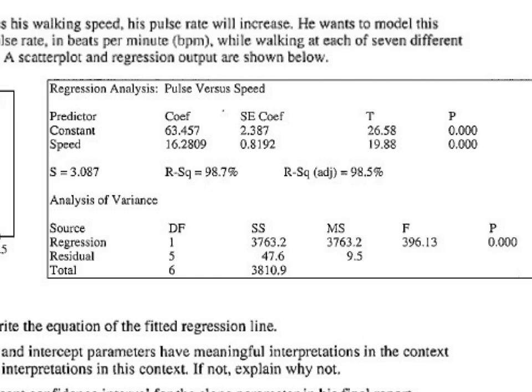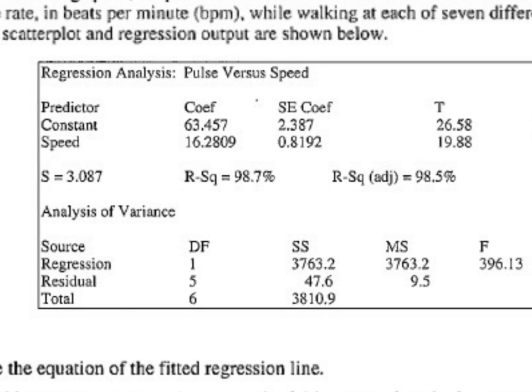I'm going to show you something. Look at here. Write this out. These two numbers are very important. These coefficients: the one that's marked constant is your y-intercept. The one that's marked speed would be the slope.